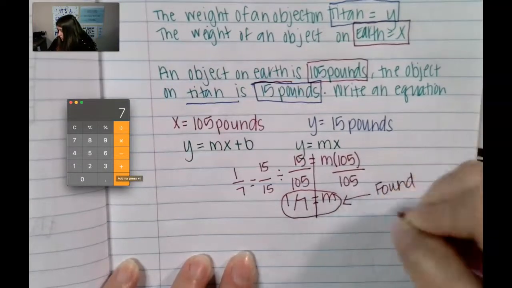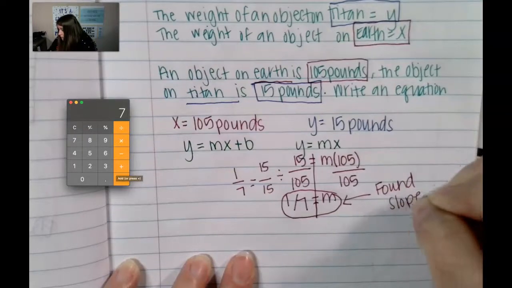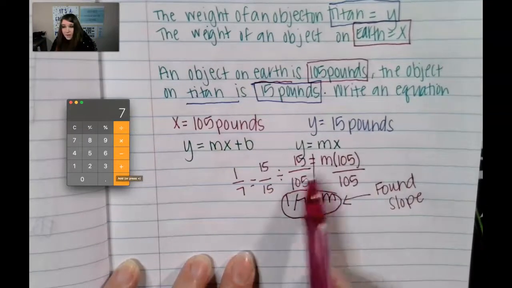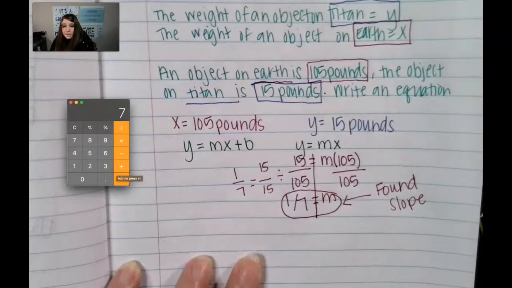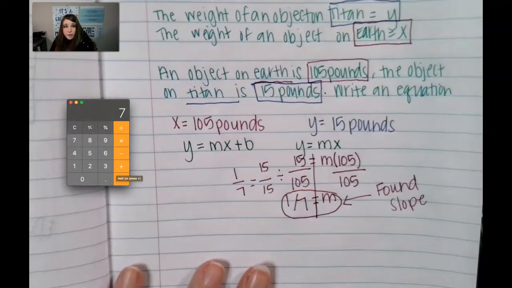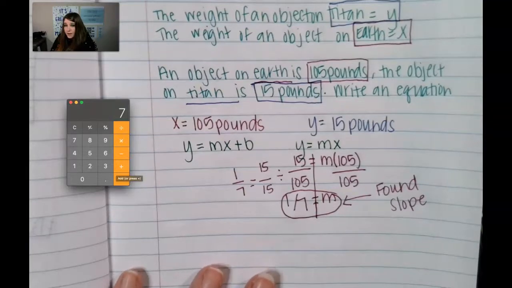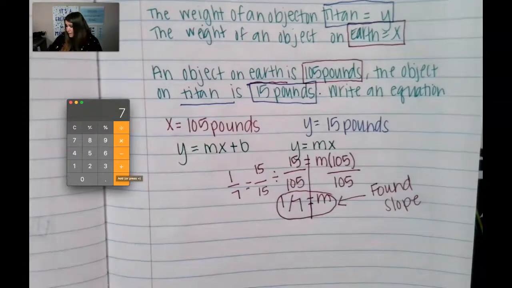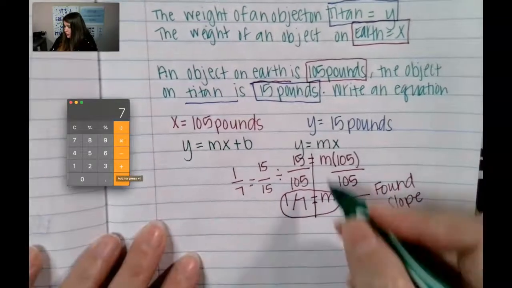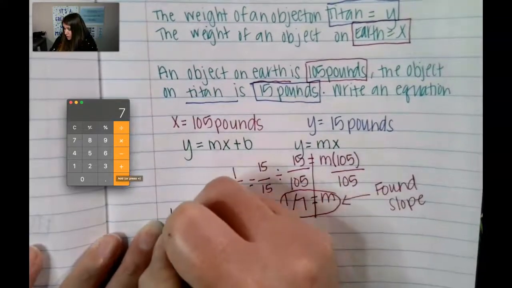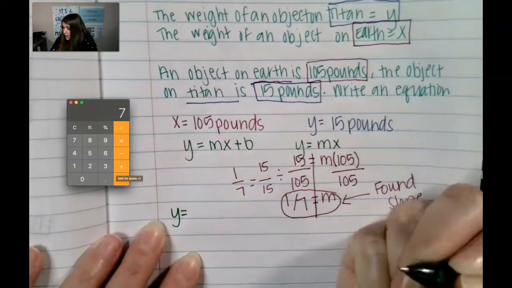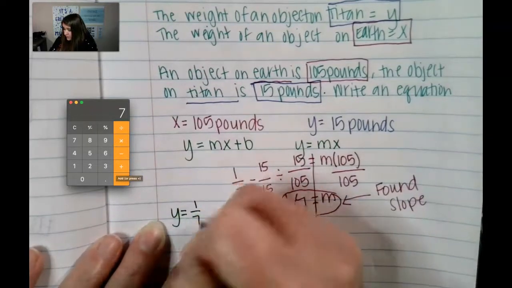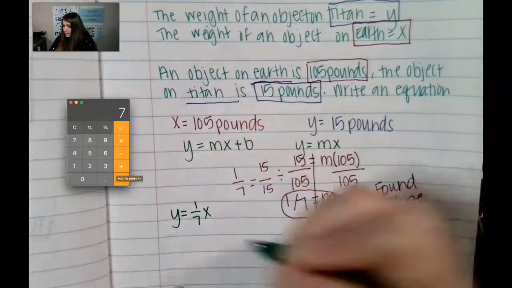Okay, so we just figured out the slope. We used the x and the y plus our knowledge about solving one-step equations to find the slope of the line. Now that we know the slope, we can put it into our equation. So our equation is y equals 1 over 7 times x.